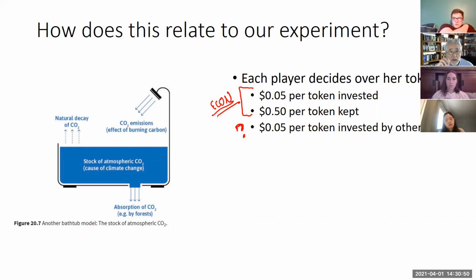So notice, if you invest a token, you make 5 cents for your own wallet, but you are giving 19 more people 5 cents for their wallets, for their income. You are providing this to society. This is part of the benefits that you are giving out to others.